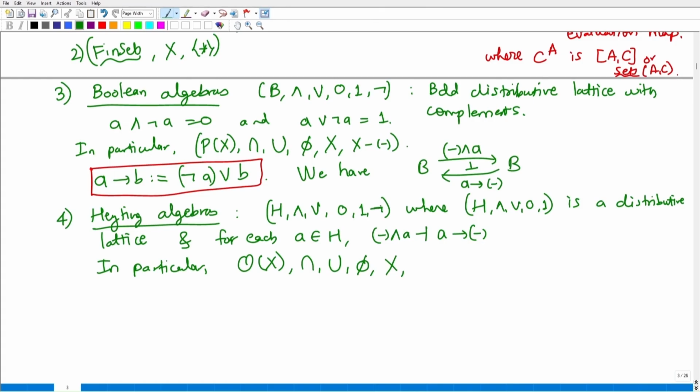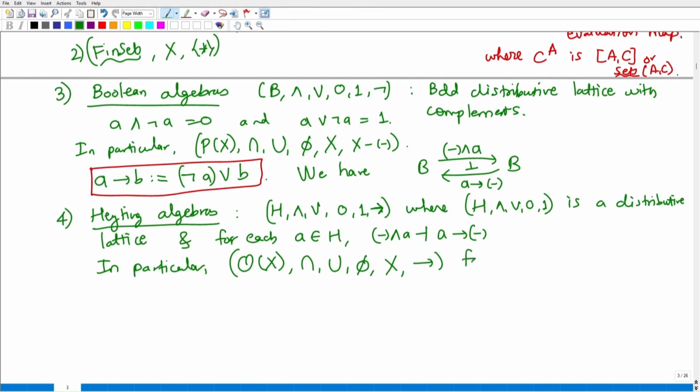I wanted to say not this, but implication. Here in the signature for a Heyting algebra, I wanted the last symbol to be implication, not a negation. And for the implication, I have to define it, but before that, let me explain something over here.